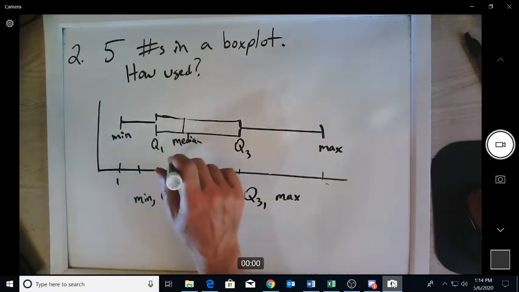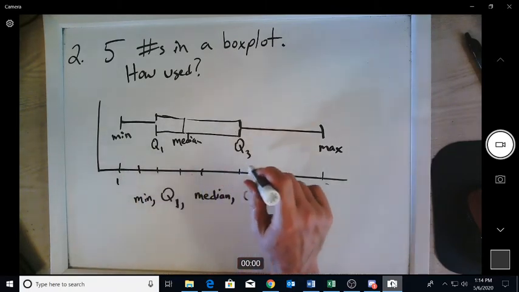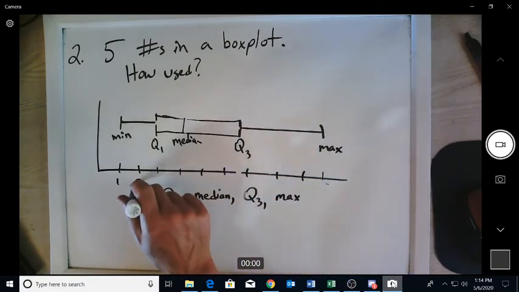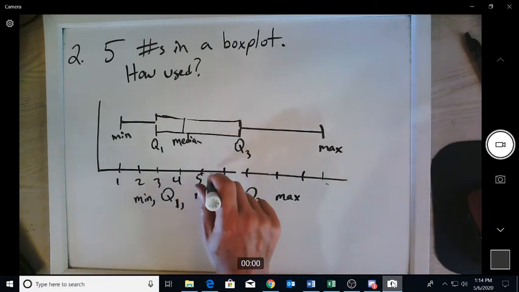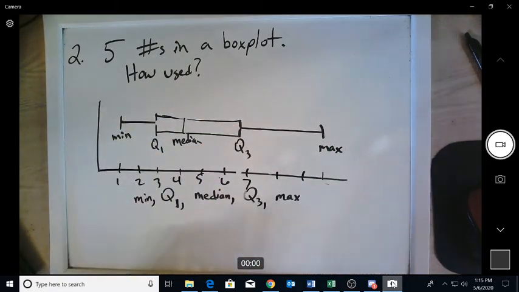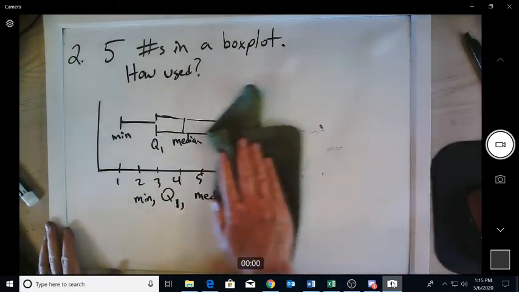It's like this. You know, at regular intervals, 1, 2, 3, 4, 5, 6, 7. And then you put everything in with that regular interval scale over here. That's number 2. And then number 3.